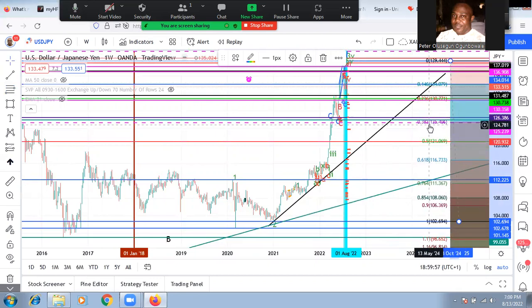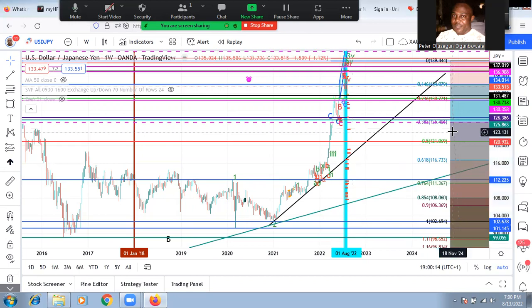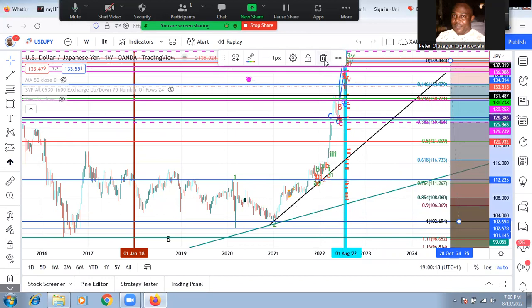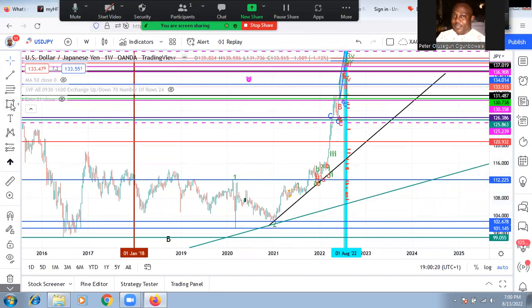So this is 38. So between a 23 and a 38, that's where a 50 is here, which should be the limit that the price should not break before we see more upside from USDJPY. So the blue zone for more upside will be around this area.